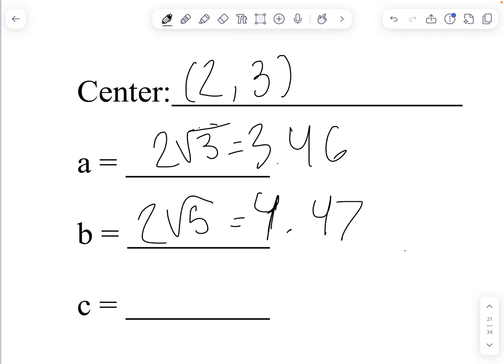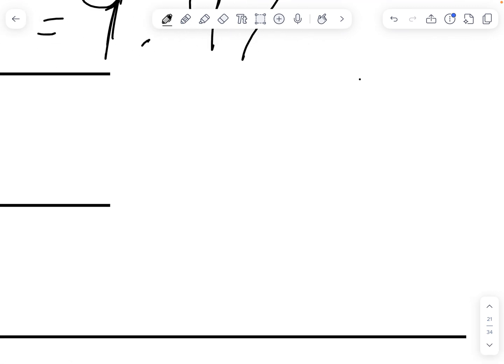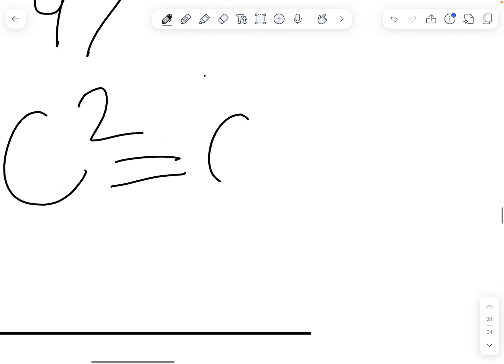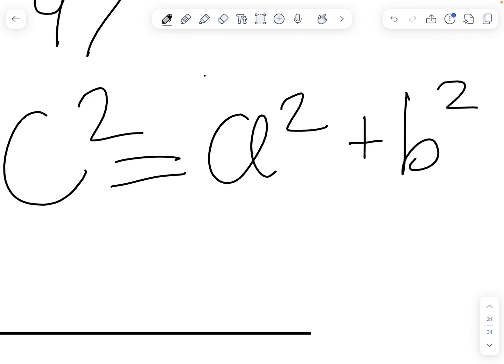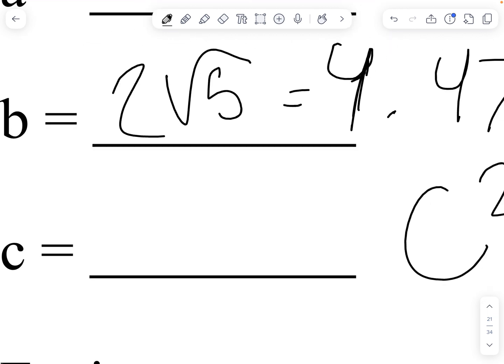And then for c, c squared equals a squared plus b squared. So 12 plus 20 equals 32, so c is root 32, which equals 5.65.